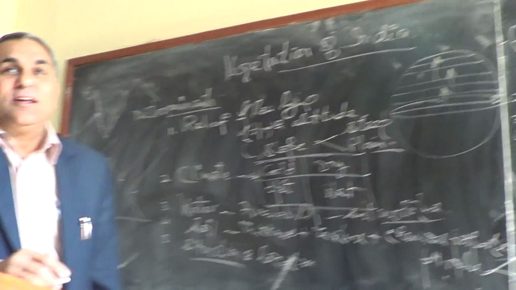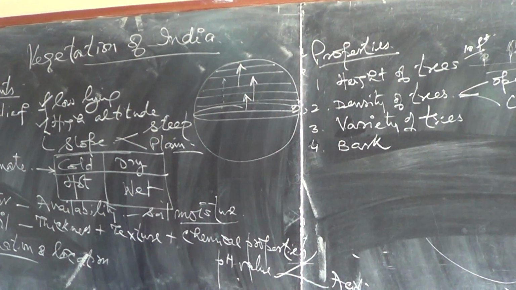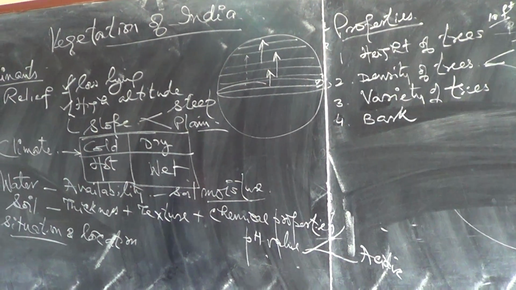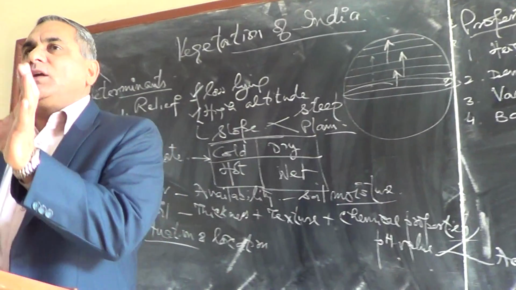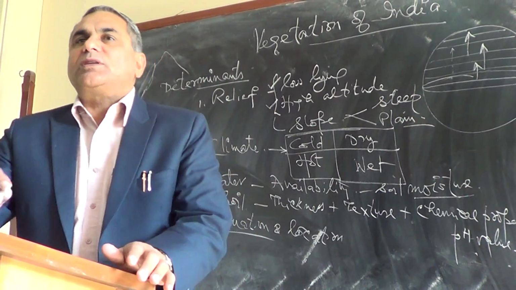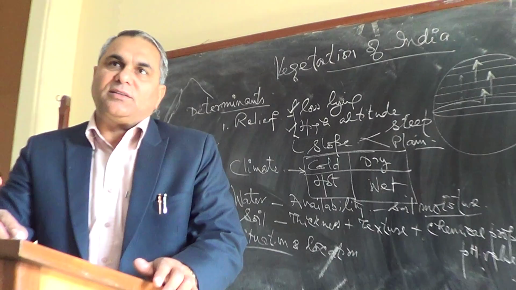Then next is the bark of the tree. Sometimes the bark is the one portion of the tree which supplies water to the plant.